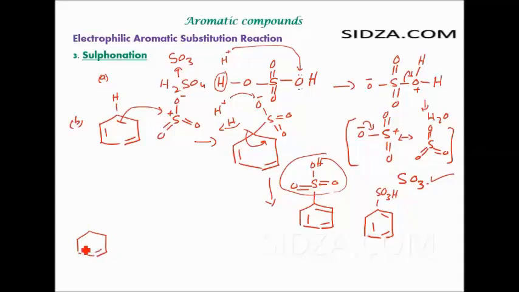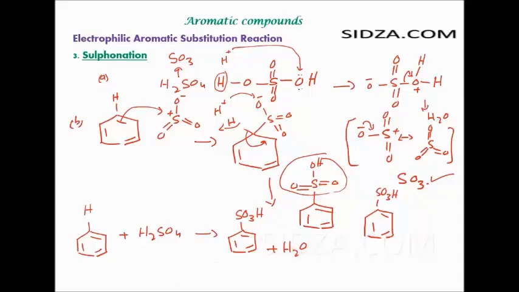So overall reaction is that you have, suppose, a hydrogen here, okay, from the benzene ring, and this hydrogen, when it interacts with the H2SO4, okay, what do you get? You get the benzene ring with the SO3H, okay, plus you get the water.